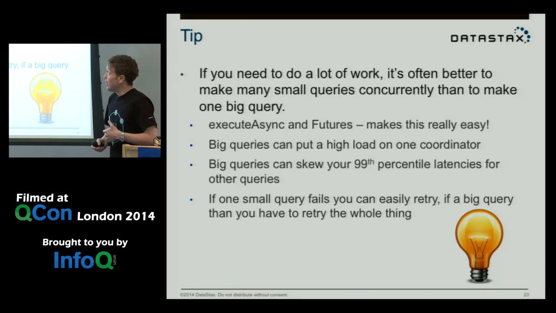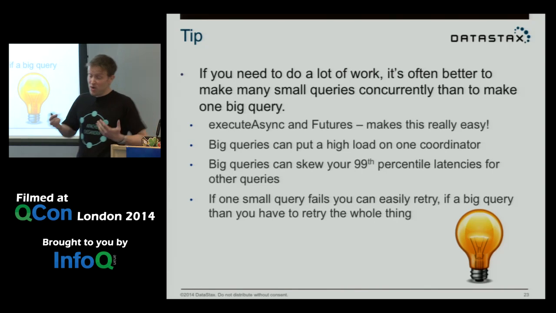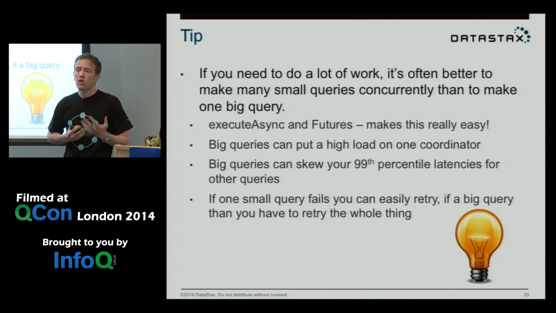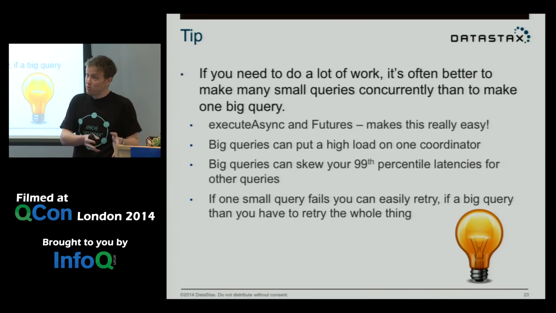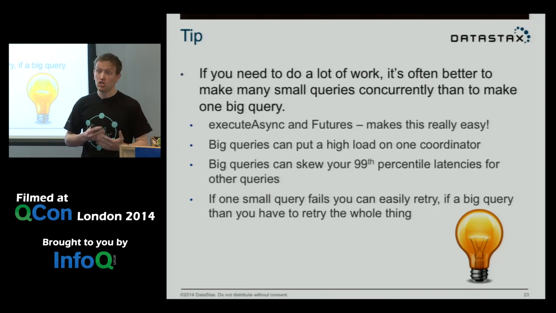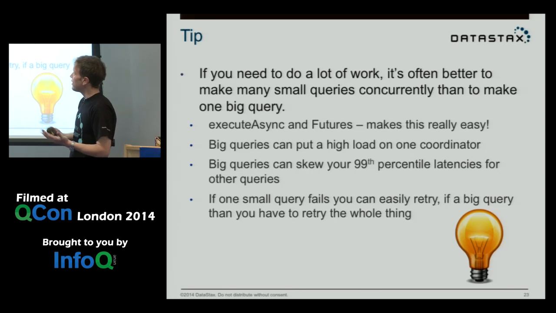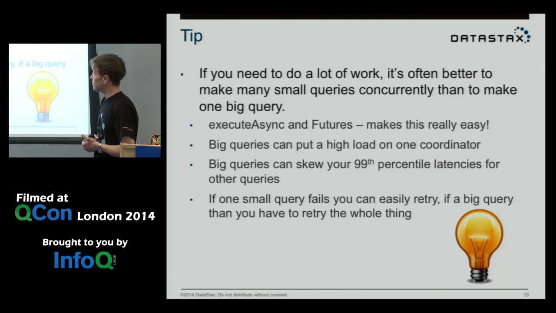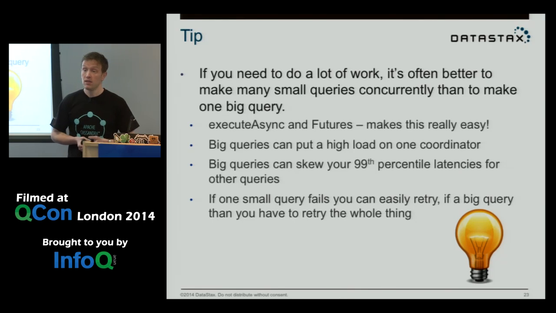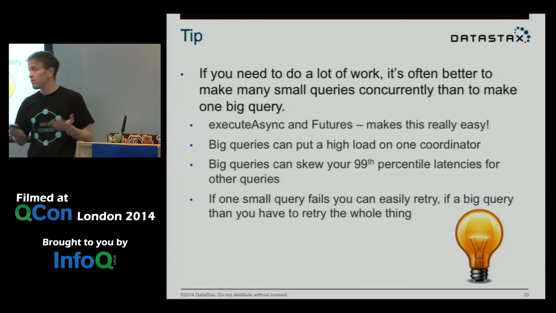It also, if you're using, which I'll talk about later, latency awareness for your load balancing, a big query can skew this, because you're giving a very expensive operation, so your 99th percentile is now thinking, oh, this node is slower, when actually it's just doing a lot of work. So it can skew that. The other big advantage of breaking things down into smaller queries is, if that query fails, it's fine, I can retry it.